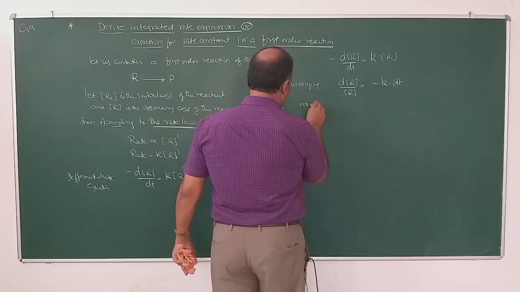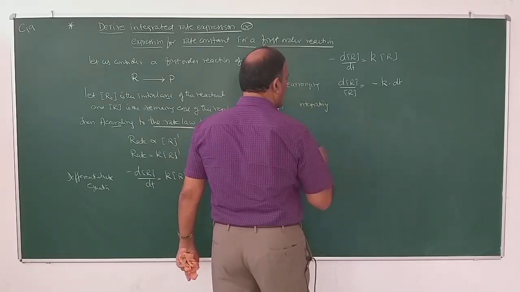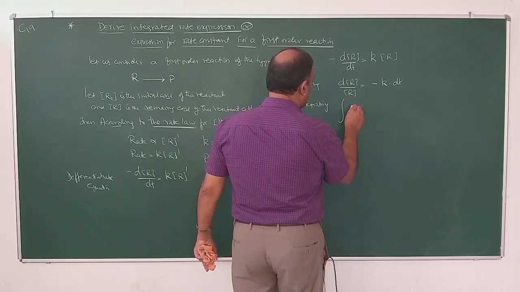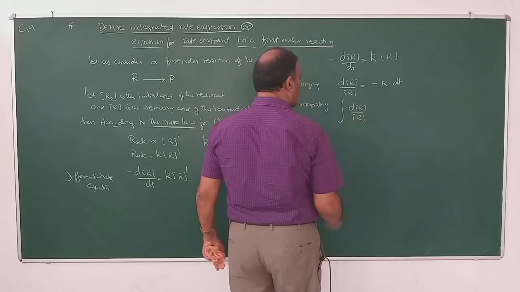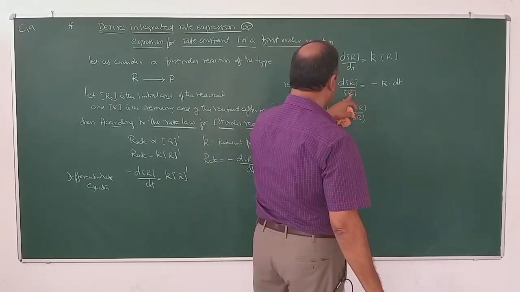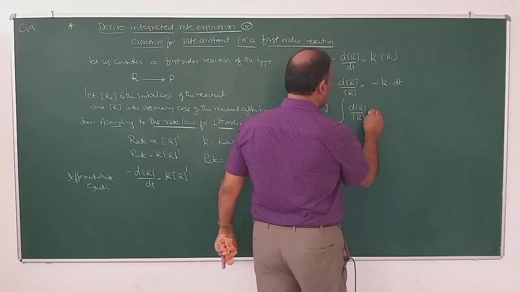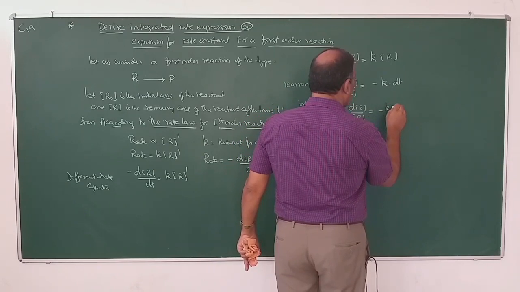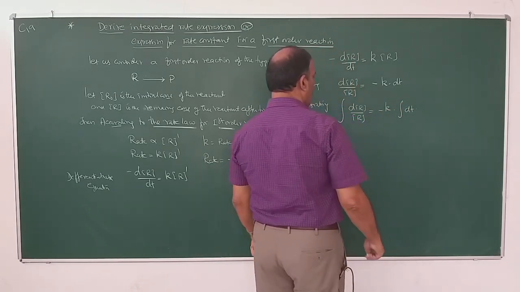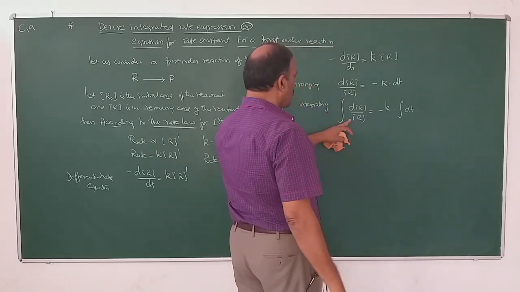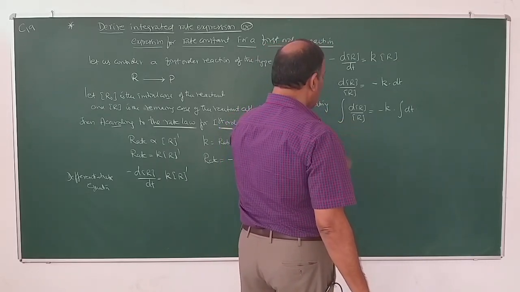Integrating, integral of d[R] divided by [R] is equal to minus k into integral of dt. So on integration you will get this answer.